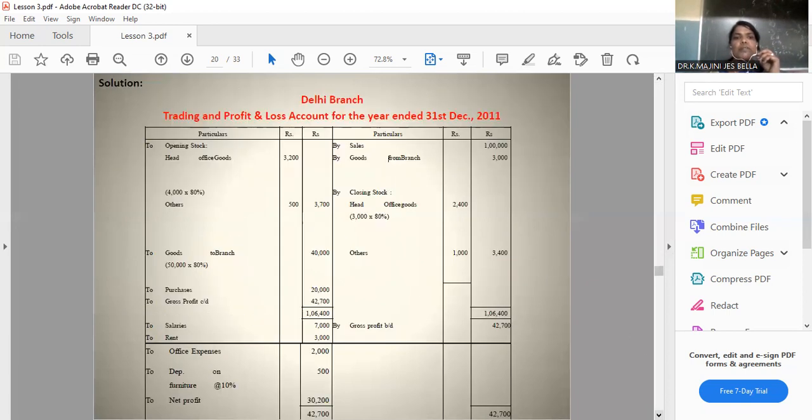So depreciation at 10%. You should calculate 10% of 5,500, right? You can write it here. Total it. How much is the net profit? We got the net profit 30,200, right? Both sides total 42,700.